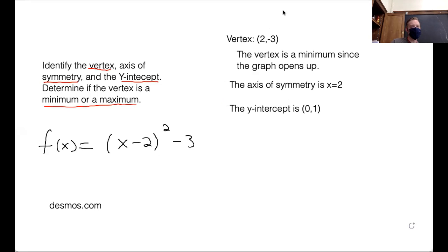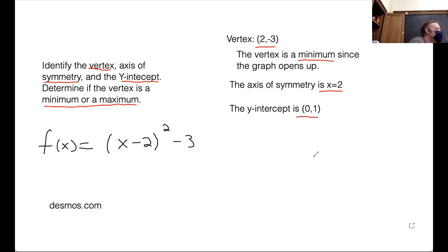We were asked to find the vertex. We found the vertex here. We were asked to find the axis of symmetry. We've got the axis of symmetry right here. We were asked to find the y-intercept. We've got the y-intercept. And lastly, we were asked to determine if the vertex was a minimum or a maximum, and we did determine that it was a minimum right here.